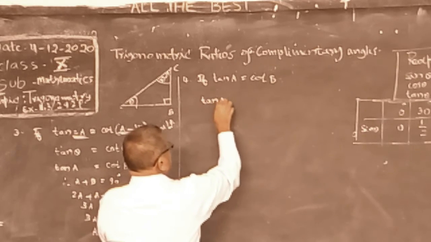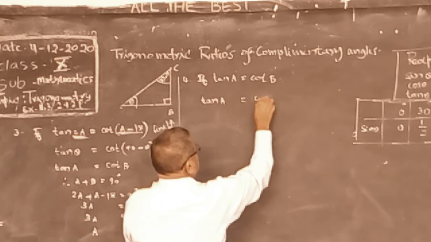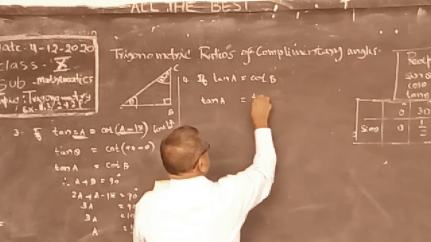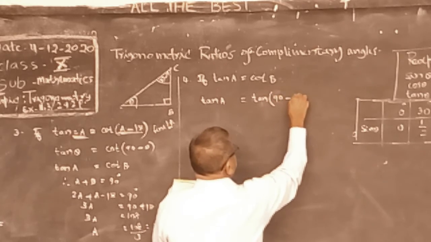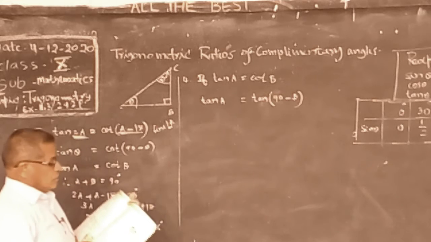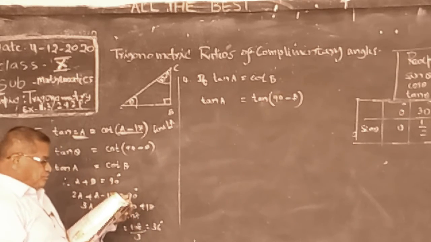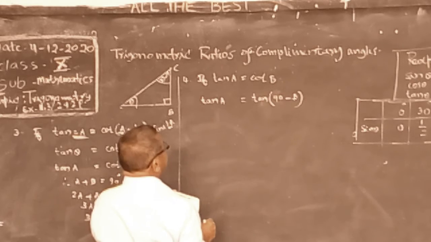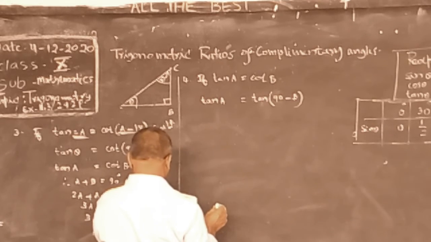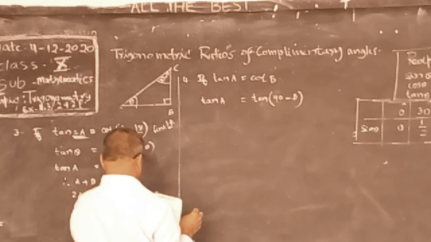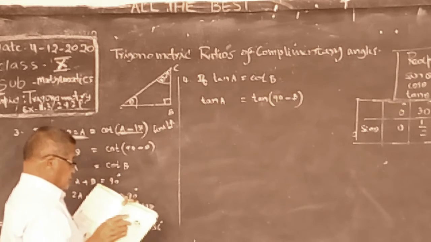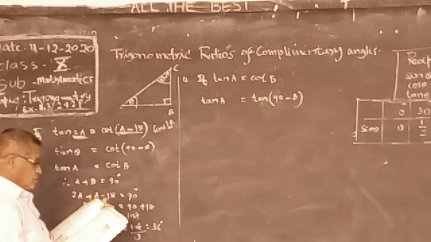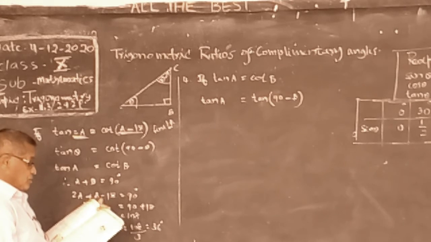Tan A is equal to cot B, and cot B can be written as tan of 90 minus B. 90 minus B is cot B. Then sin A is equal to sin of 90 minus B.